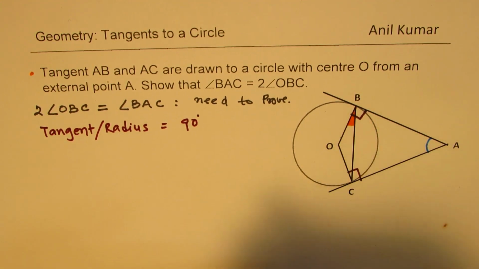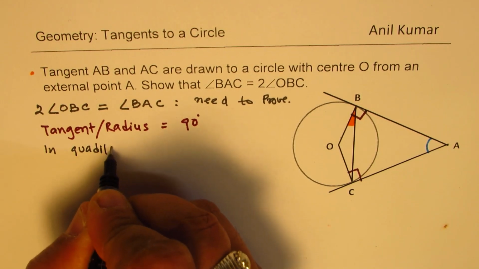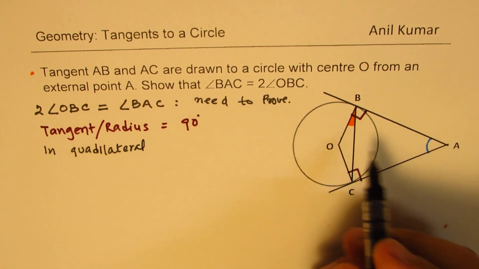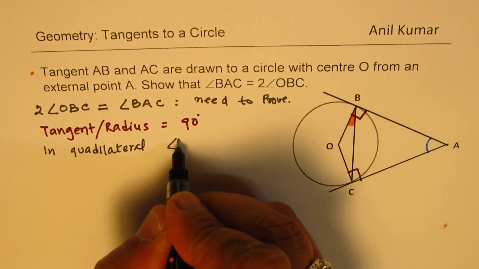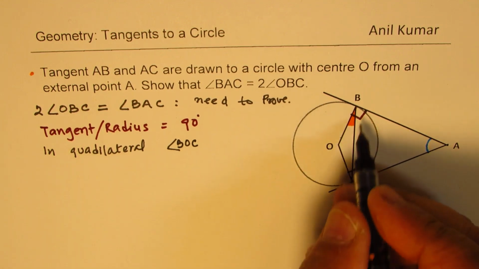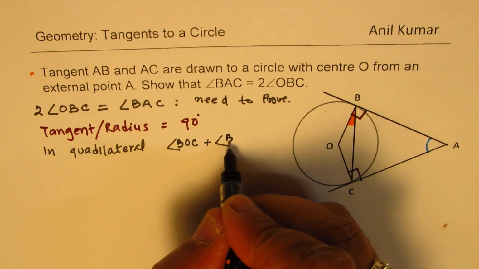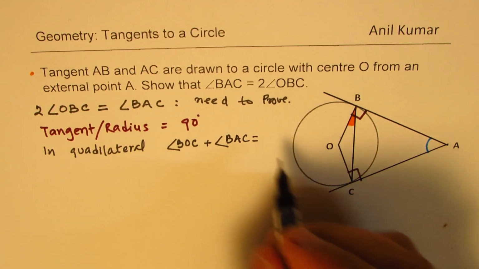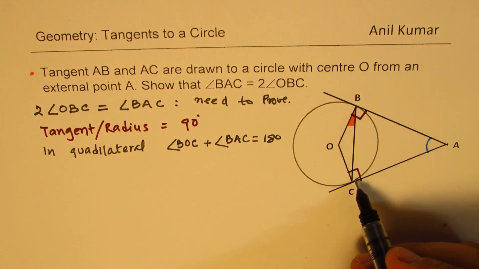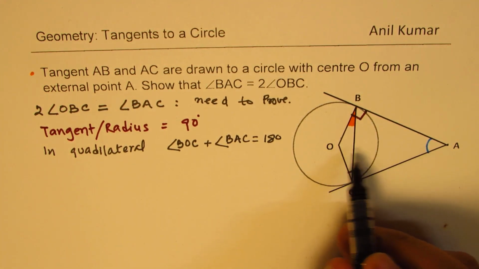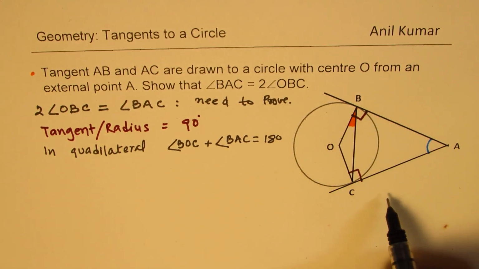In the quadrilateral, this angle, which is angle BOC, plus angle BAC should be equal to 180 degrees, correct? Since these two are 90 plus 90, 180, those two should be also 180, right?